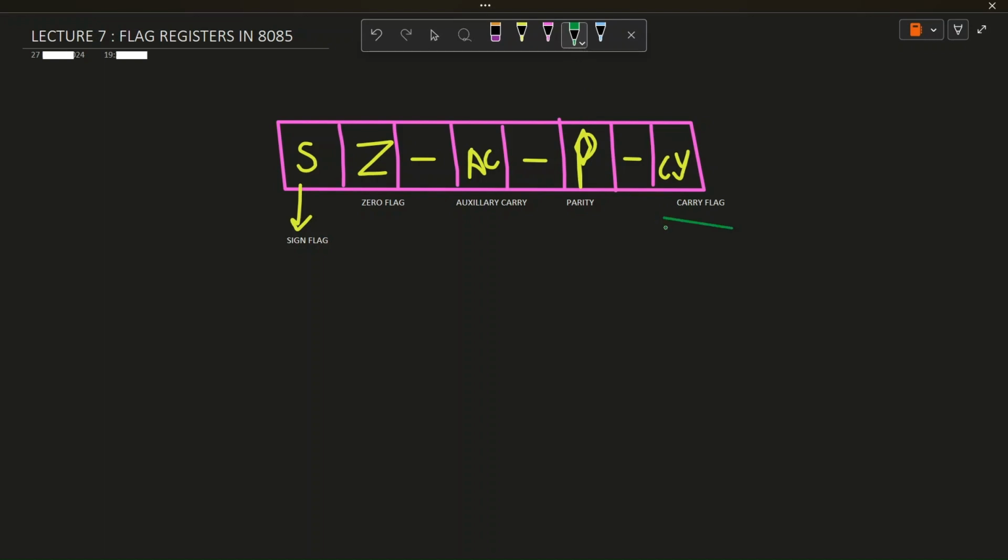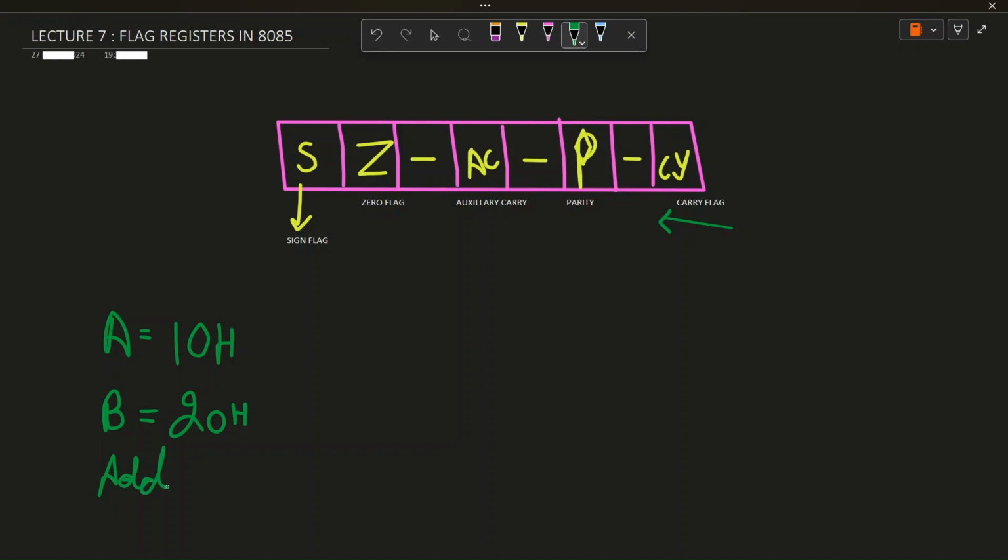Let's now see what a carry flag is. Let's take an example where we are given data A equals 10H, where H is hexadecimal, and B equals 20H, again in hexadecimal, and an instruction to add.